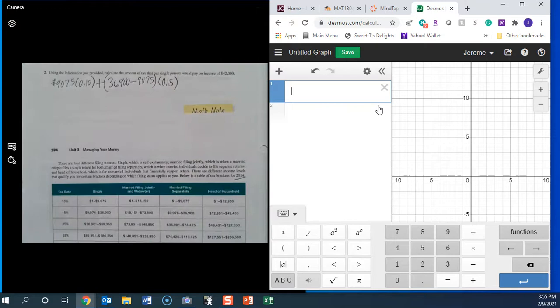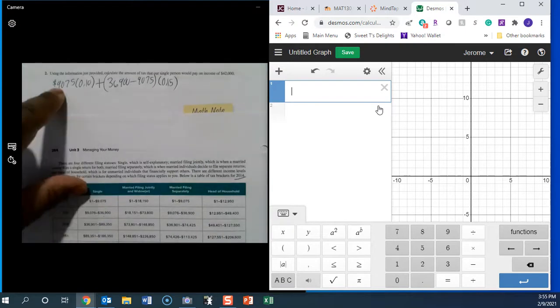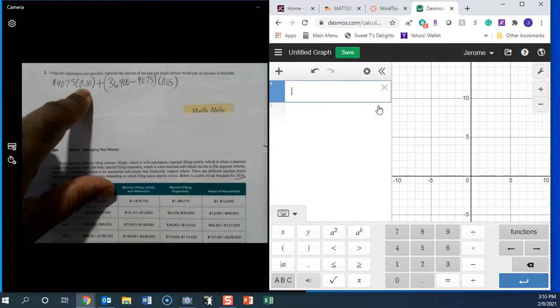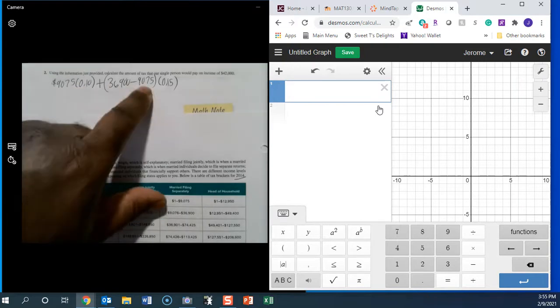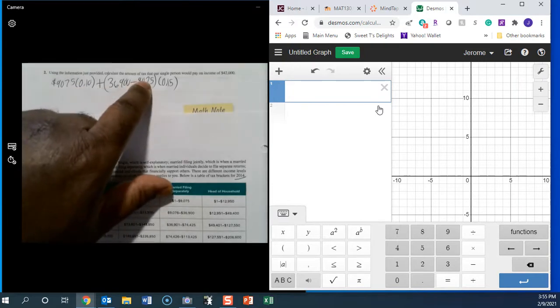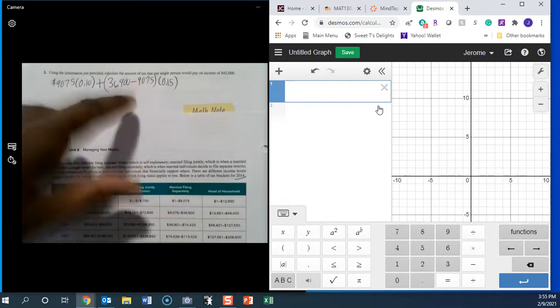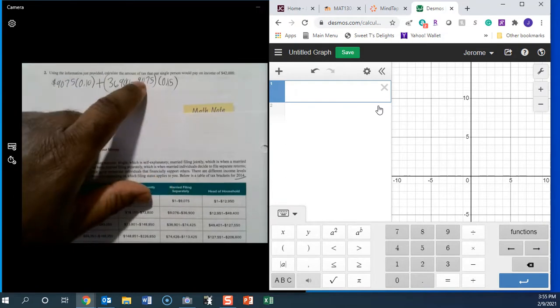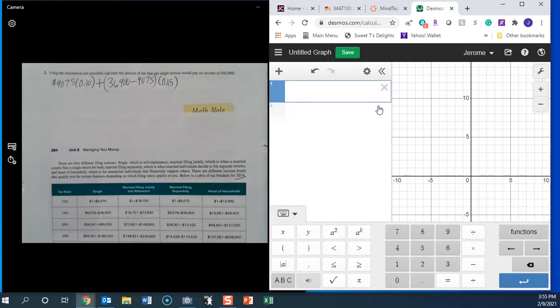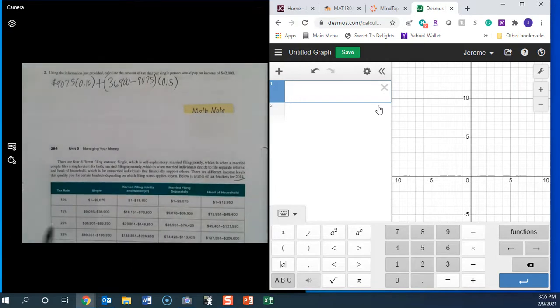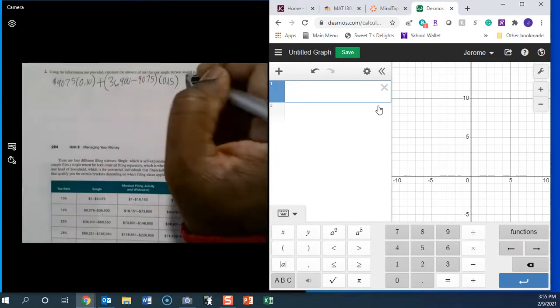Now let me explain why I did that. The first $9,075 is taxed at 10%. So when you go over here, you need to get rid of the $9,075 or you will get taxed twice on that $9,075.